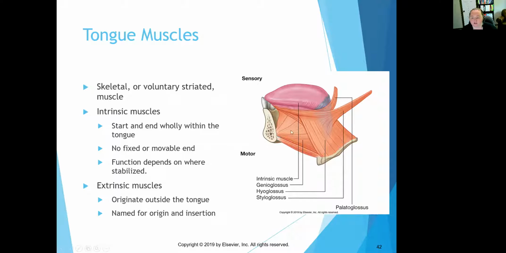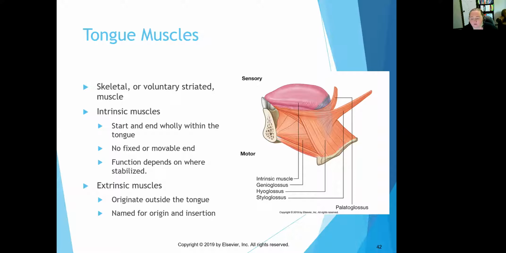So it's the genio tubercles here, glossus, meaning it starts here, ends here, okay? So you notice how all of these are glossus, because that's the tongue part, okay?